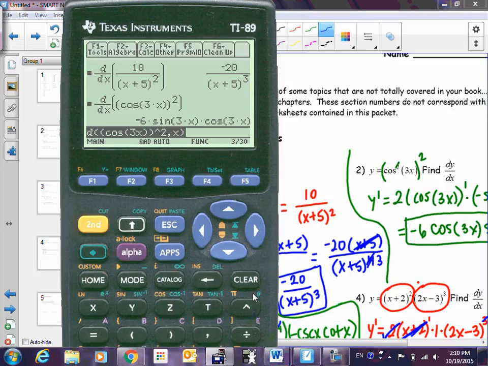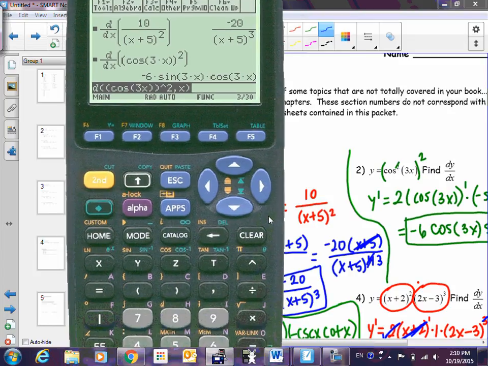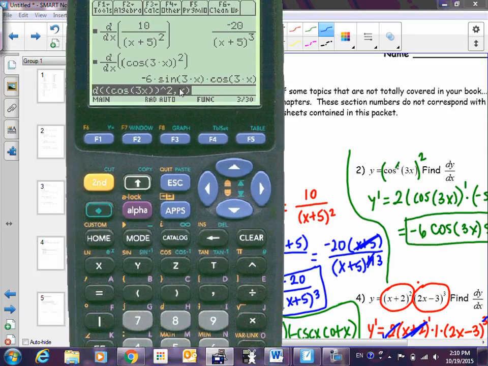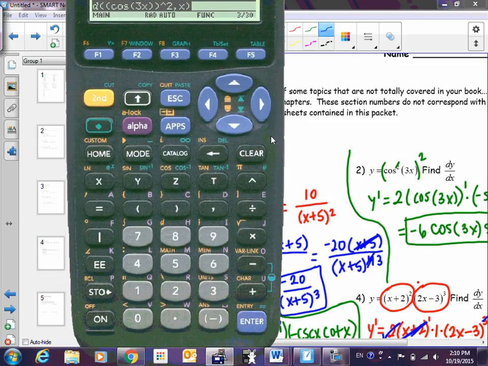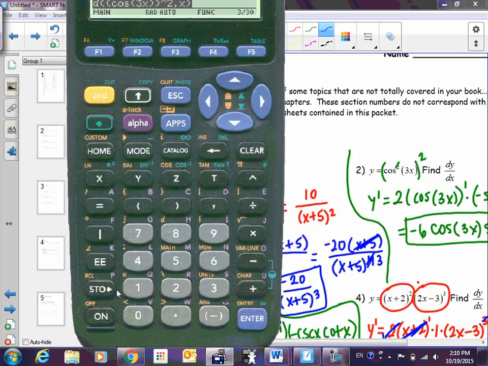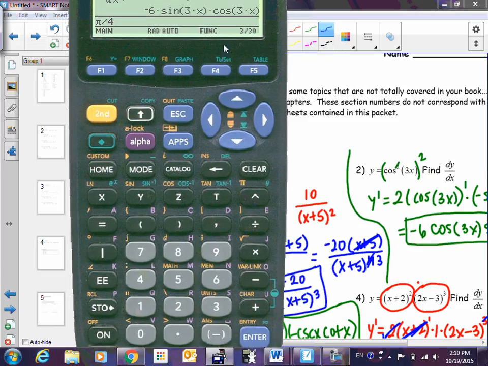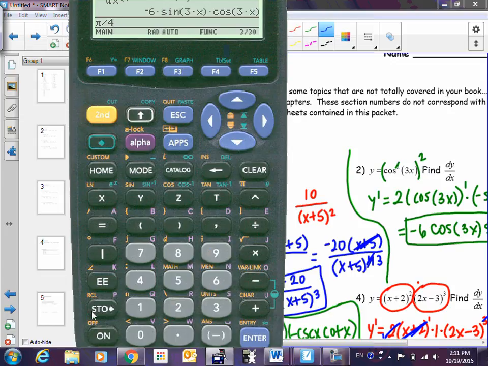The only other thing I'd like to show you is how, if in this problem I now wanted you to find the slope of a tangent line and we needed to plug in a value for x, we know how to do that by hand. Do you guys remember how to store in the calculator? If I wanted to store, say, pi over 4, I would type in pi over 4, hit the store button above the on key, and then type x.